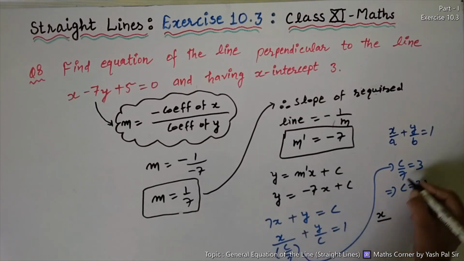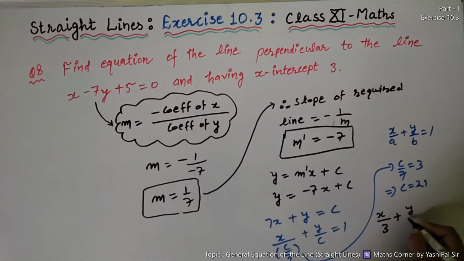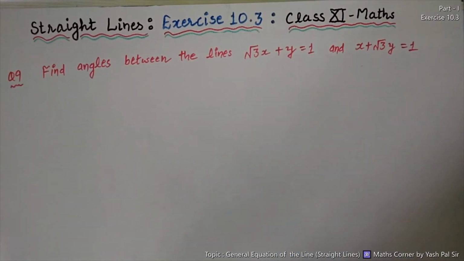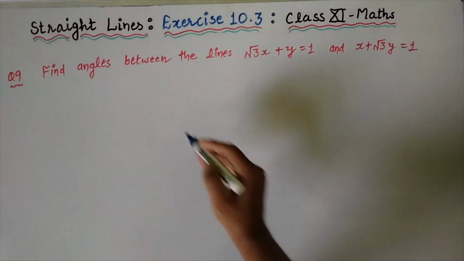So the required equation becomes x upon 3 plus y upon 21 is equal to 1. Or we can say 21x plus 3y is equal to 63 is the required equation of the line. We can also divide by 3 throughout, so this becomes 7x plus y minus 21 is equal to 0.